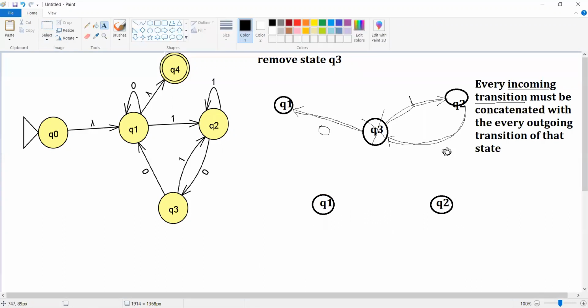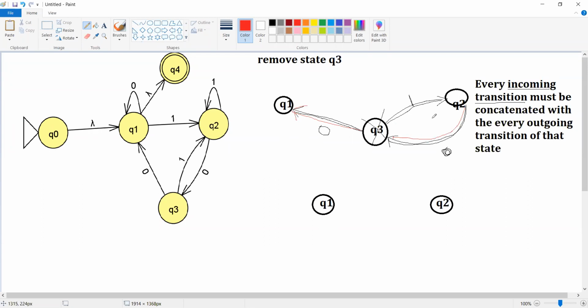Now, when you do the multiplication, have a look at this. Let me select this. This is my incoming transition. This incoming transition 0 is multiplied with the first outgoing transition 0. Now what is going to happen?